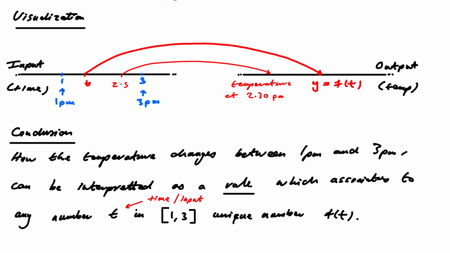This f of t is the temperature at that time, and I can think about that as the output, using this kind of picture from above.